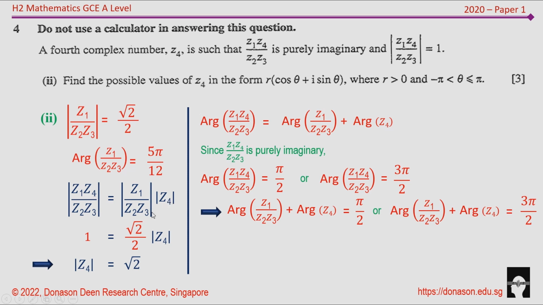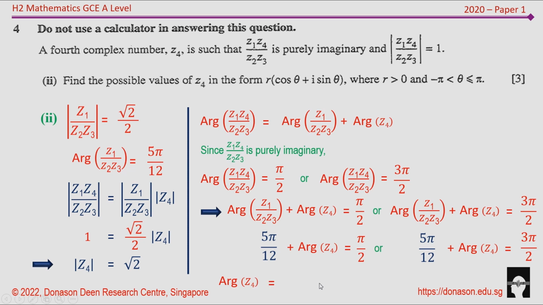So let us evaluate the values of argument of z4 in each case. Argument of z1 over z2 z3 is 5 pi over 12, which is obtained from the first part, plus the argument of z4, and this is pi over 2, or 5 pi over 12 plus argument of z4 is equal to 3 pi over 2. So now if I solve these equations, I should be able to get both values for argument of z4.